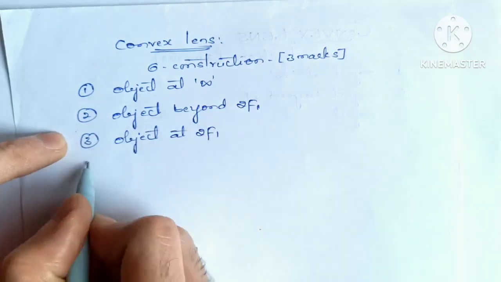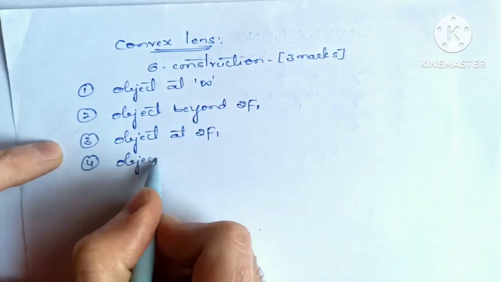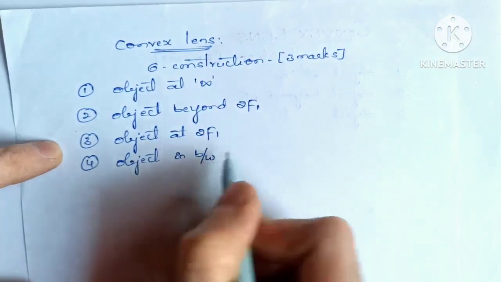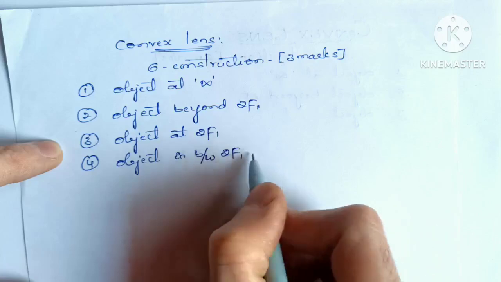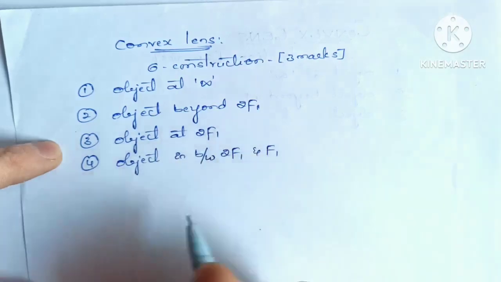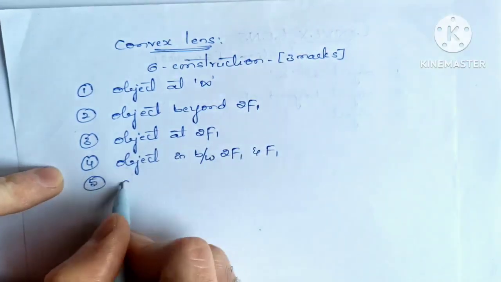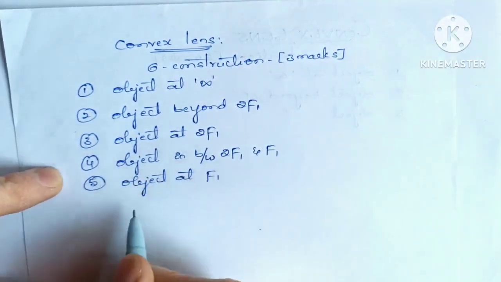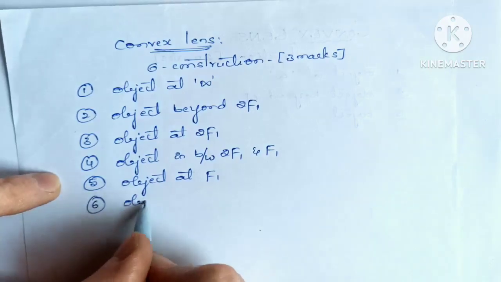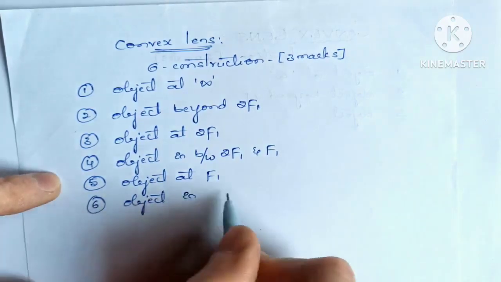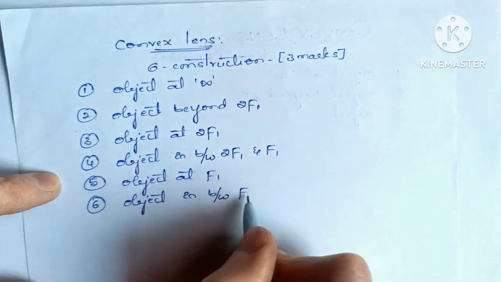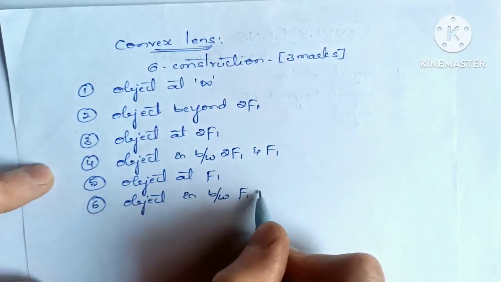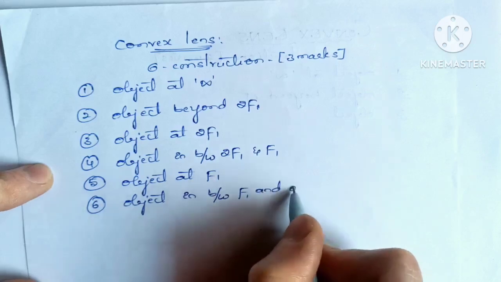The fourth one, object in between 2f1 and f1. The fifth construction, object at f1. The last construction, object in between f1 and O, the optic center.